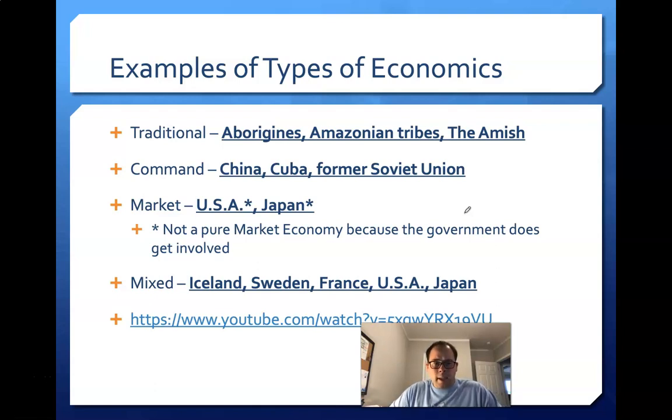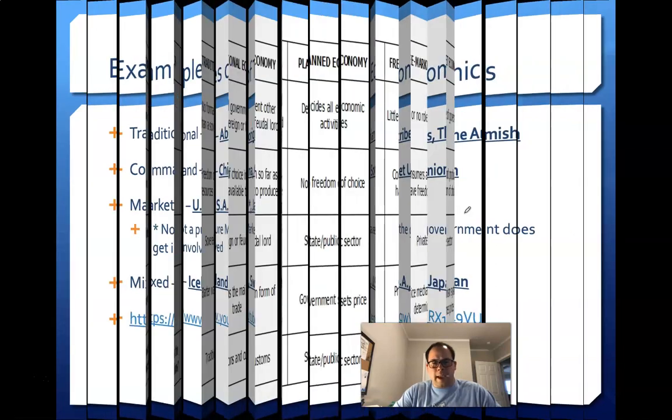A market is USA, Japan, but those are there because they're probably the closest thing we have. There's no such thing as a pure market economy because the government is involved in most countries' economies. And then if we're looking at mixed economies, Iceland, Sweden, France, USA, Japan, all of these countries form mixed economies, and more than that.